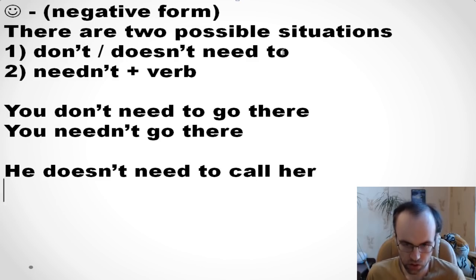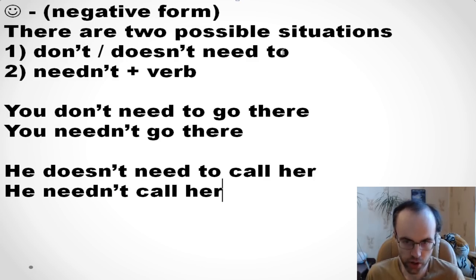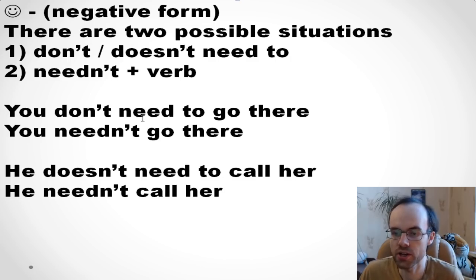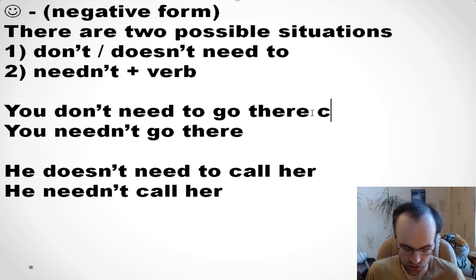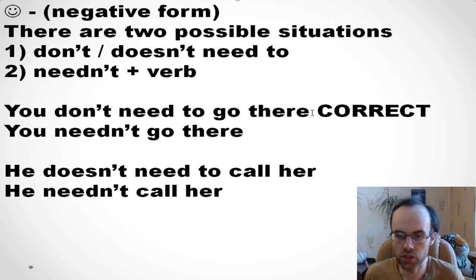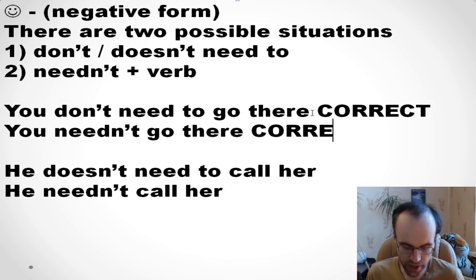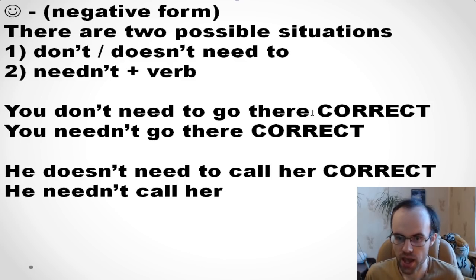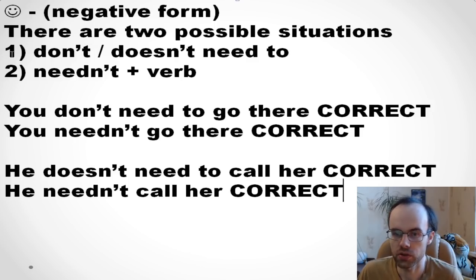Or he needn't call her. It's correct. You can use the first structure, or you can use the second structure.